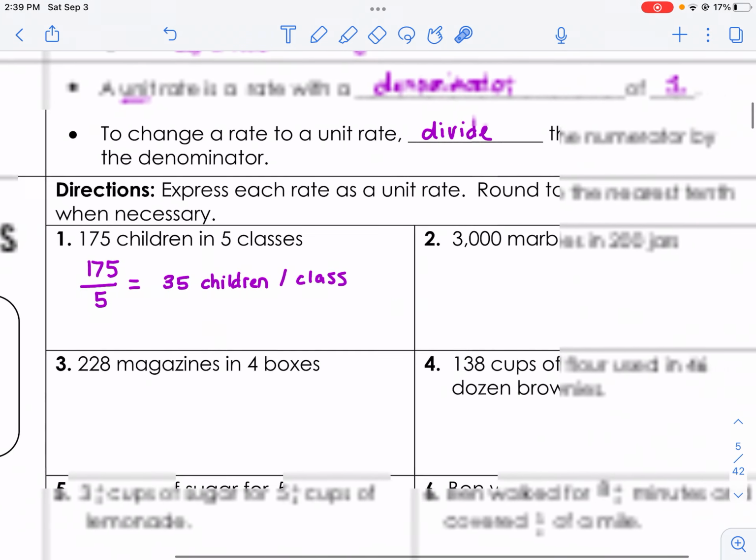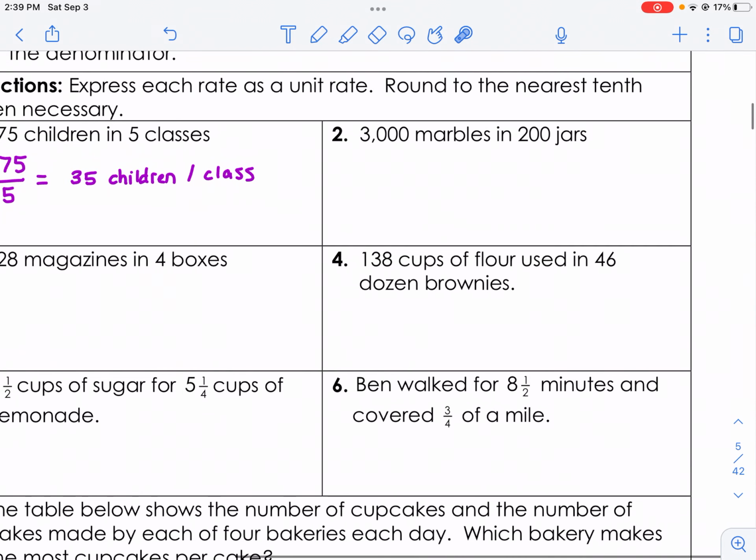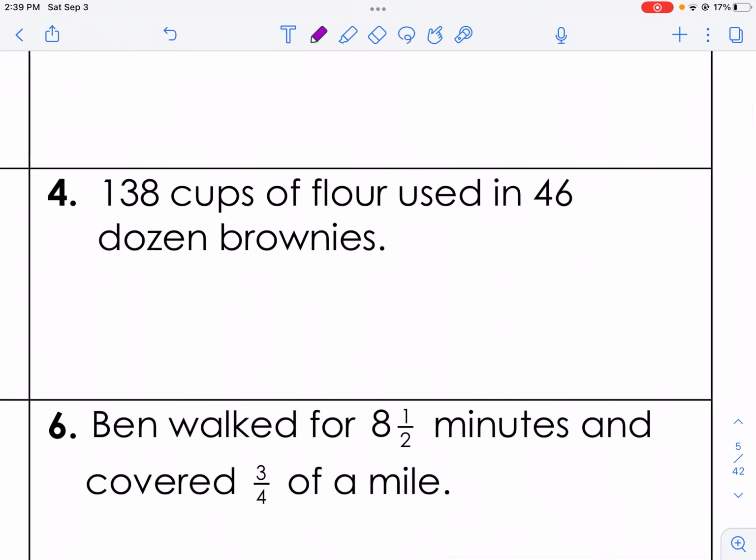So let's look at an example. Let's do brownies. That sounds fun. We have 138 cups of flour. That's a ridiculous number. Used in 46 dozen brownies. So we're talking about like a bakery here, right? Not our home, hopefully. You have 138 cups of flour in 46 dozen brownies.